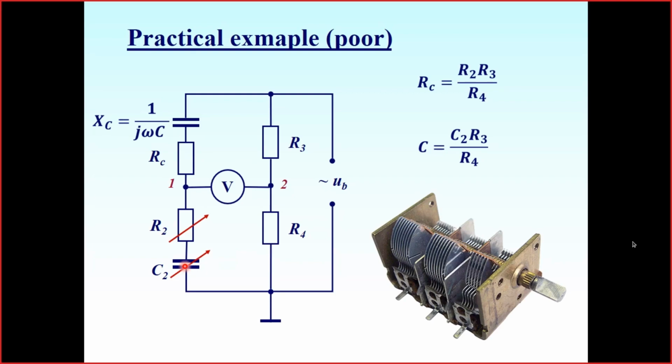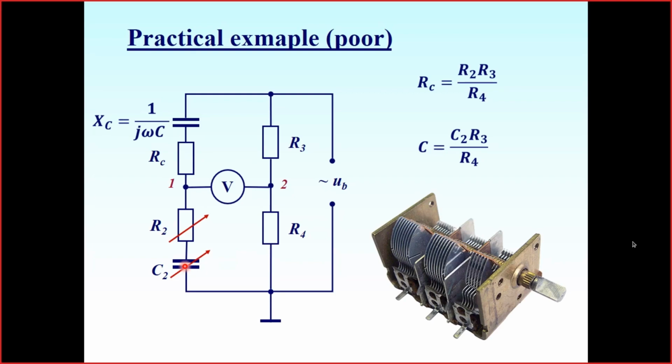So we have to use quite many steps. A good bridge, an alternative bridge with alternative design, may reach the balance after approximately 2 iterations, for example. So one time resistance and capacity, then one more resistor, and then we are already there.